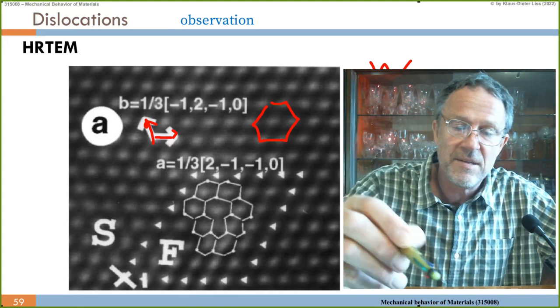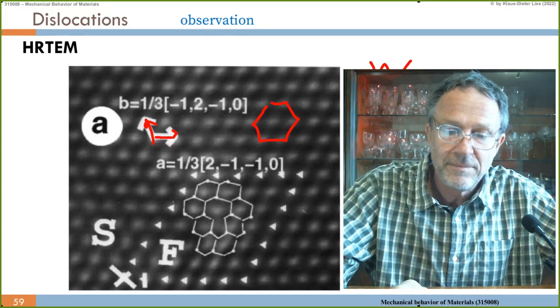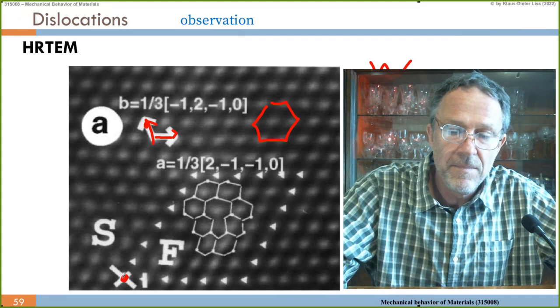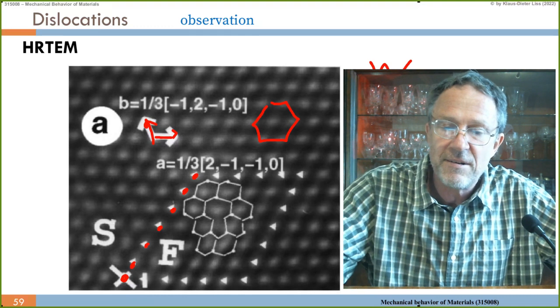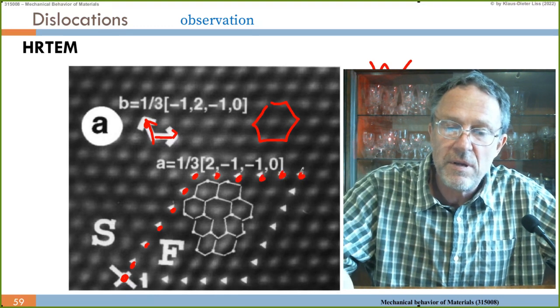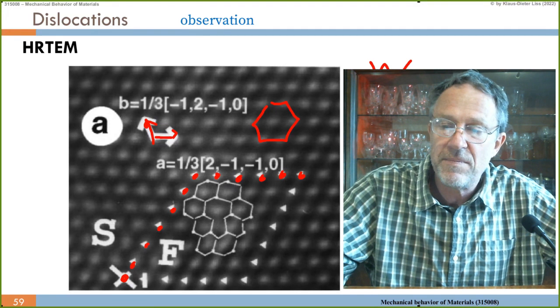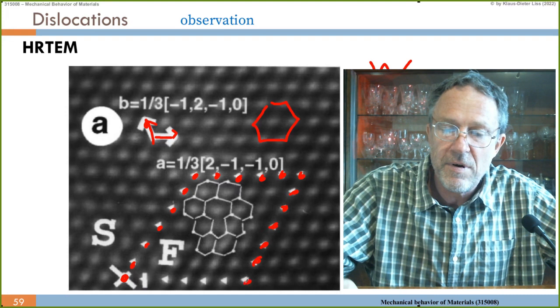So let's do it. Let's start here, and we go 1, 2, 3, 4, 5, 6. So I mark that down, 6 steps up, and then we go 1, 2, 3, 4, 5 steps over. So now we have to go -6 down. 1, 2, 3, 4, 5, 6.